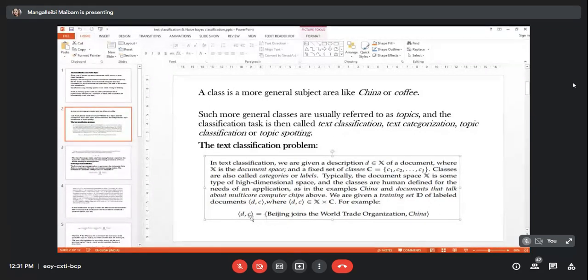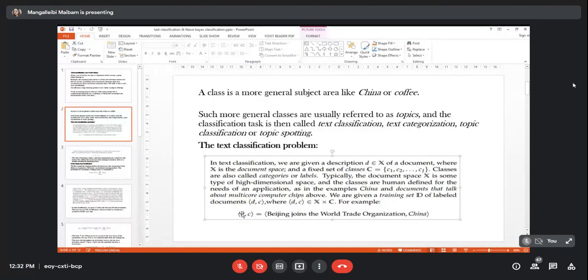Say document and class, D and C. You see here, Beijing joins the World Trade Organization. This particular text from the document space belongs to the China class.